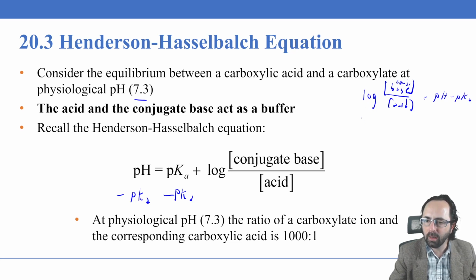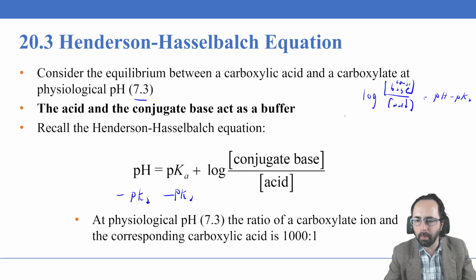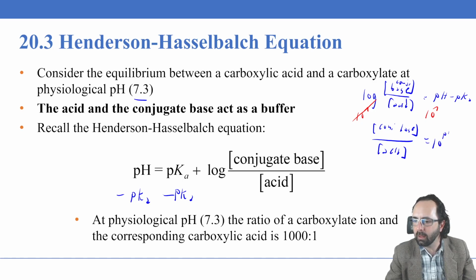Okay, and then we take the base 10 antilog of this, which involves taking 10 to the power of each side. That will cancel this log, and what we will get is that the ratio of the concentration of the conjugate base to the acid is going to be 10 to the pH minus pKa.